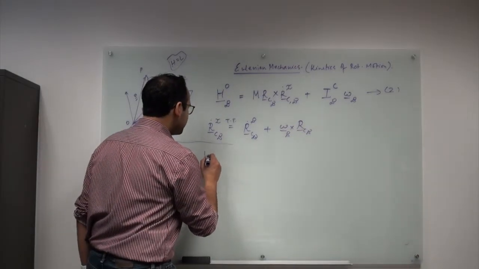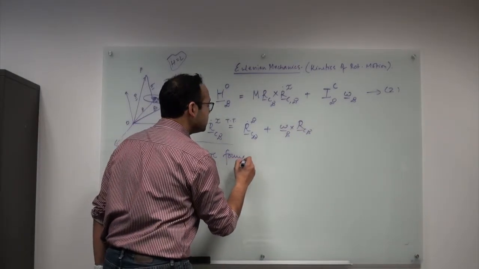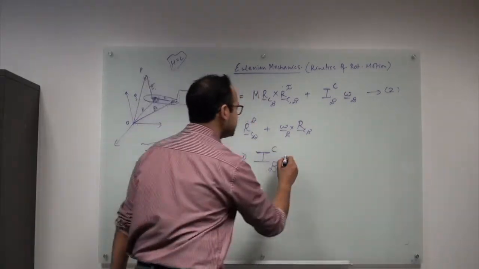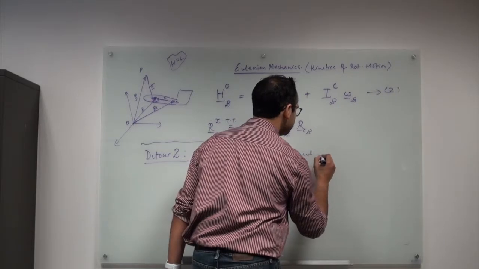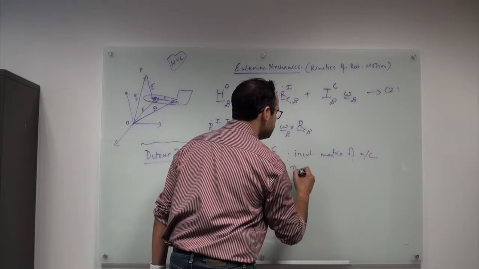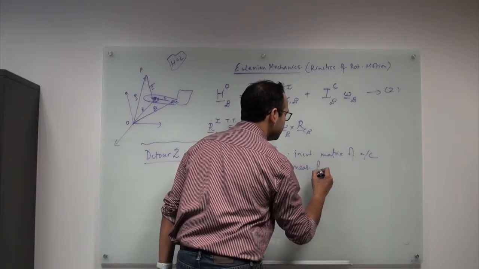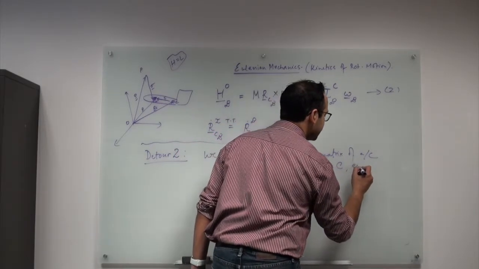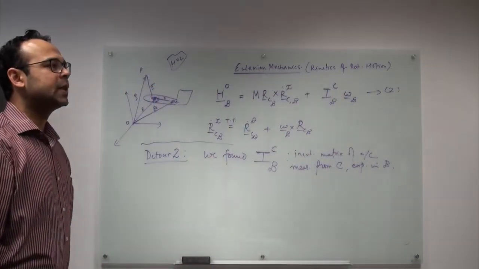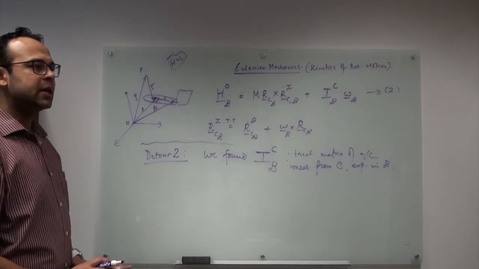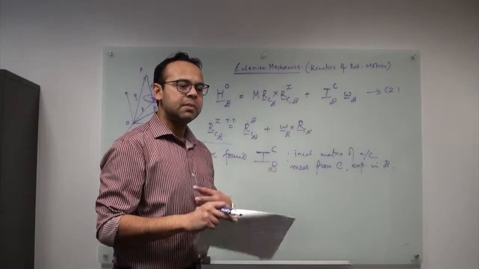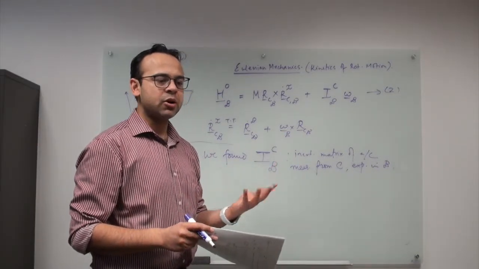So we just found ICB, this is the inertia matrix of aircraft measured from C and expressed in B. And I have stated already multiple times in this very lecture that we are going to be mostly interested in things measured from C, especially as it pertains to properties of the aircraft.